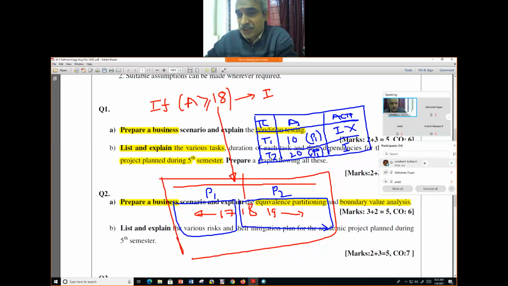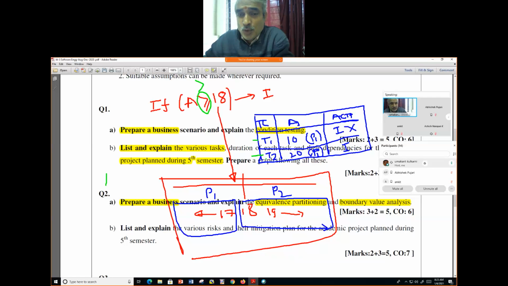Now, this is equivalence partitioning. But when you apply boundary value analysis, equivalence class partitioning will not reveal all kinds of errors. For example, if instead of greater than or equal to you have written greater than, the equivalence class test cases T1 and T2 will not reveal this error.